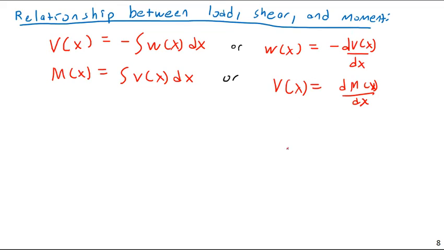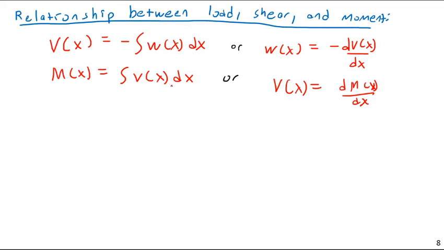Now, we do need to be mindful of the fundamental theorem of calculus. If you remember your calculus, look at this: moment of x is equal to the integral of shear of x. Shear is a function of x. So this doesn't mean the moment is simply the shear.